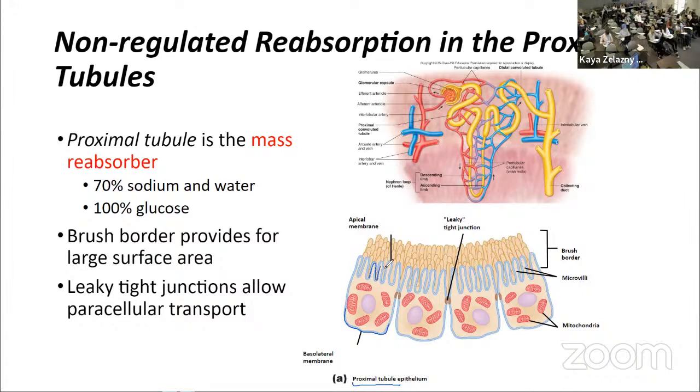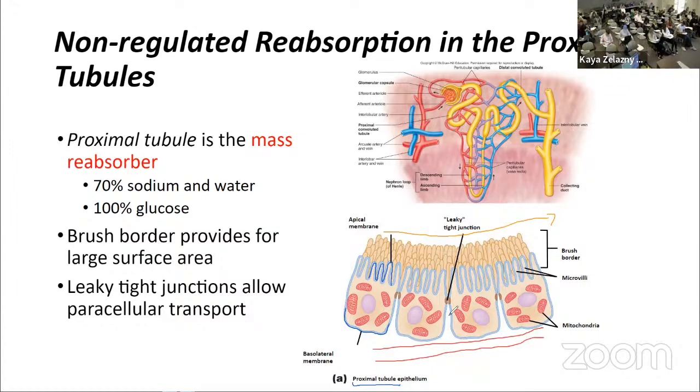The apical membrane is going to be next to our filtrate. Our filtrate, eventually becoming urine, is going along here, so this is lining the tube. The basolateral membrane is facing where we'll have our capillaries. That's the arrangement we have here.